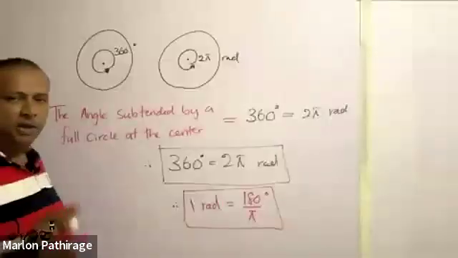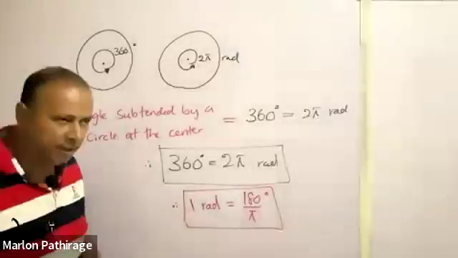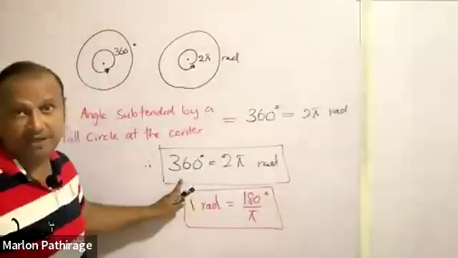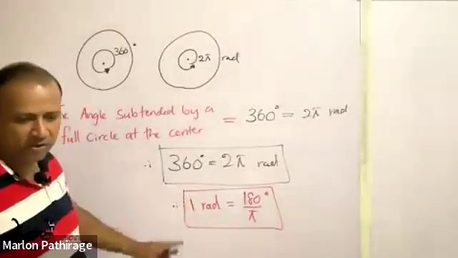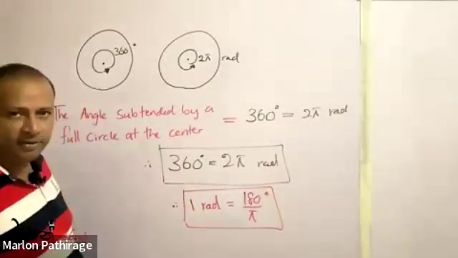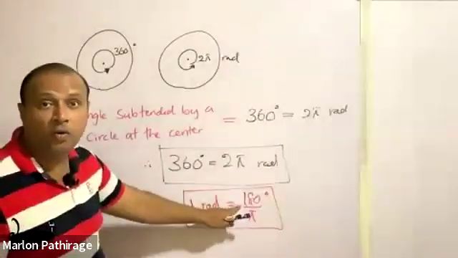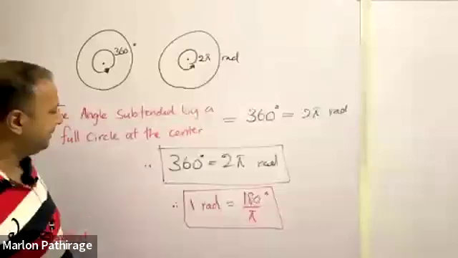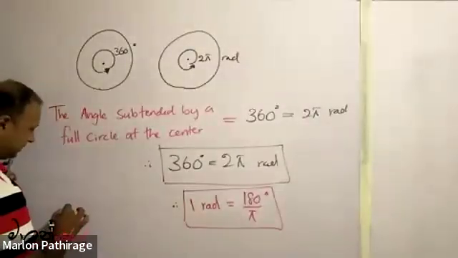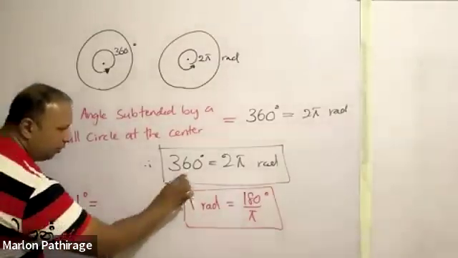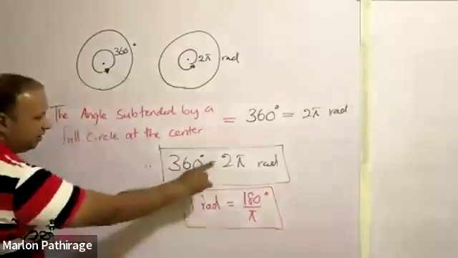On the other hand, if you want to find 1 degree, you have to divide both sides by 360. Then you will have 1 degree is equal to 2π over 360 radian.